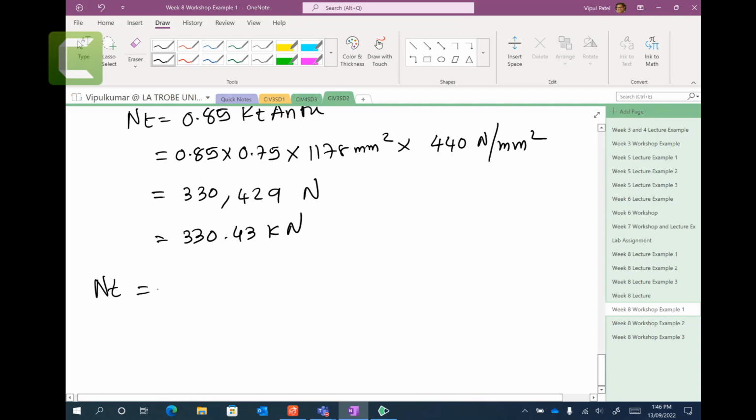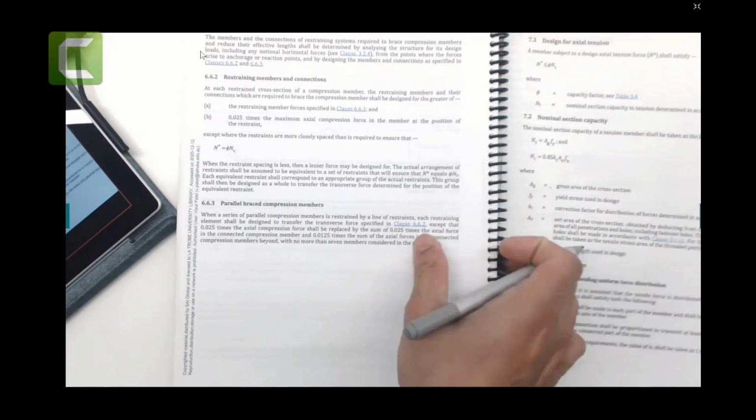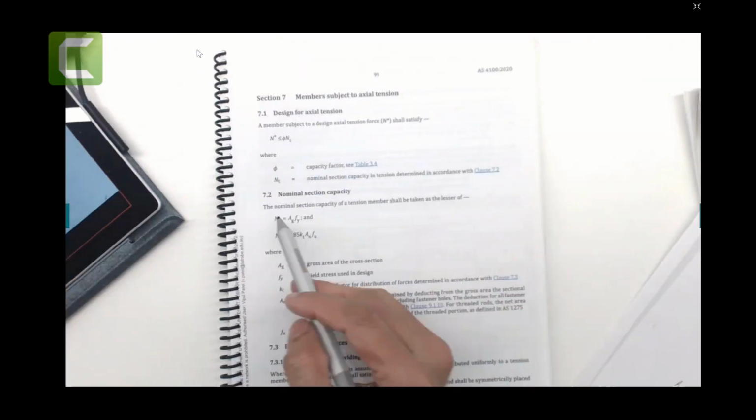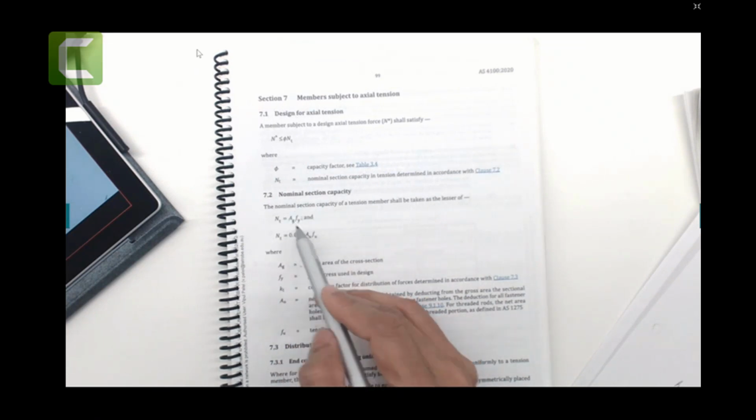So the final Nt would be the minimum of yielding or fracture. Where is it written? Here. You need to take the lesser of this and this. This is yielding, this is fracture.